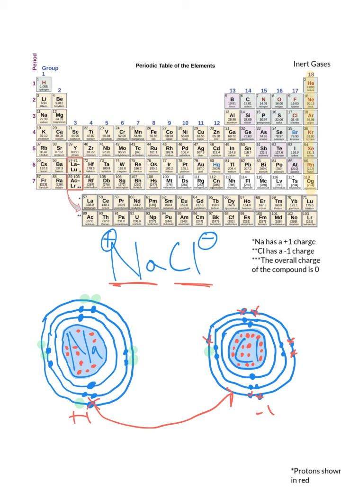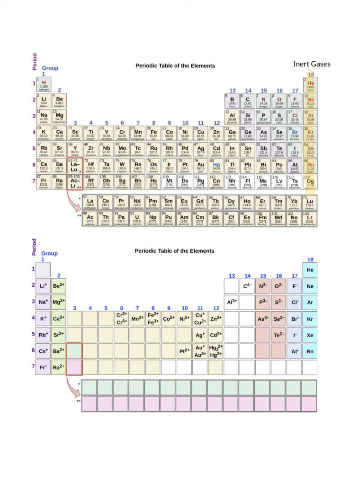Now, an interesting thing that we can do is we can use the groups of the periodic table in order to predict what electrical charges these atoms will have. As we can see by the periodic table that I've inserted here, group 1, which all have 1 valence electron in their outermost shell, are likely to give away 1 electron in their ionic bonds, and thus will have an electrical charge of +1 attached to those atoms.